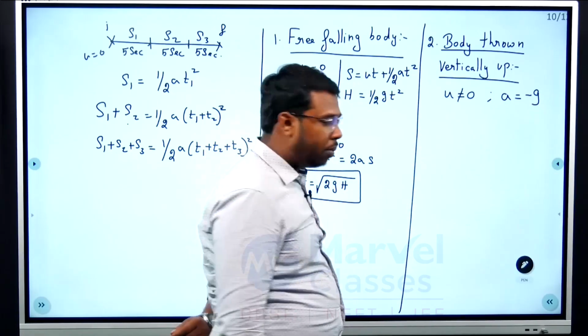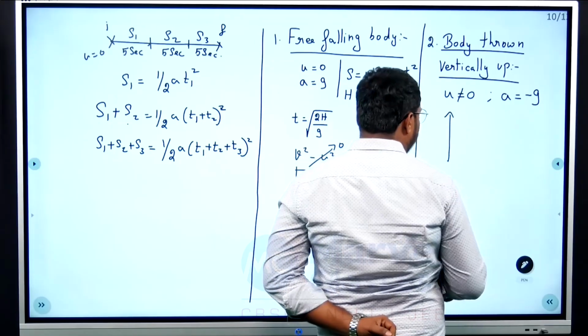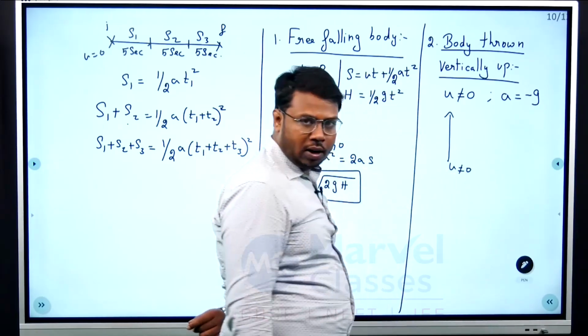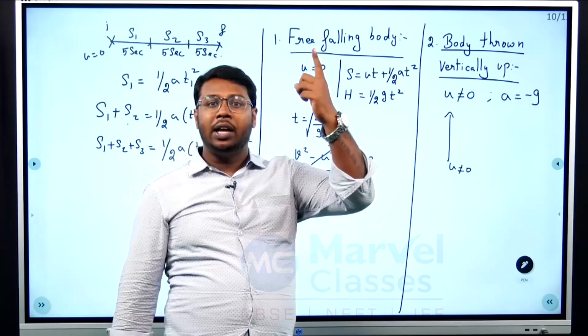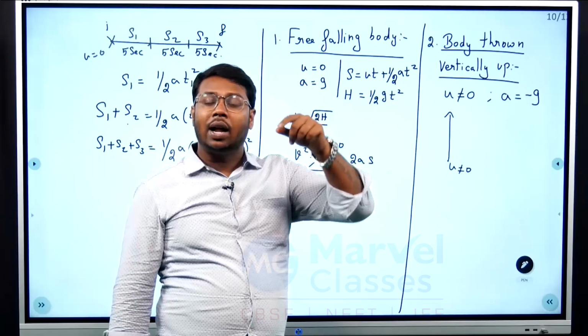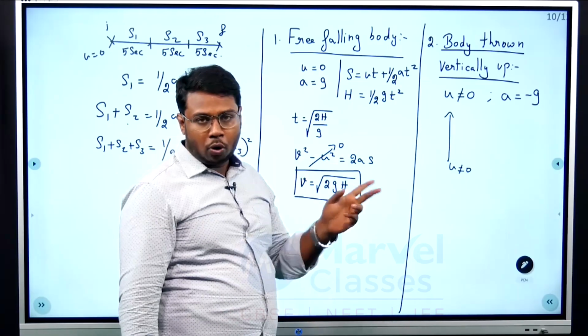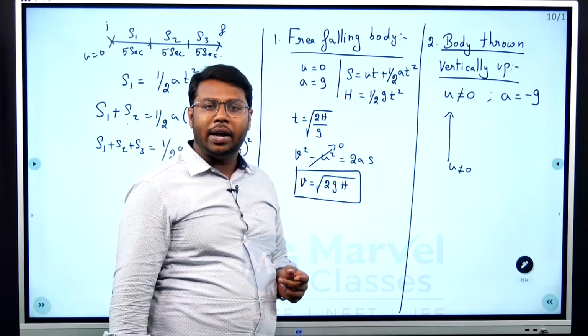You know why? Because when you throw a body vertically up, you are supposed to give some initial velocity and that velocity is pointing up, whereas your acceleration due to gravity is going to point down, both being vector quantities. So any one of the quantities should take a negative sign.